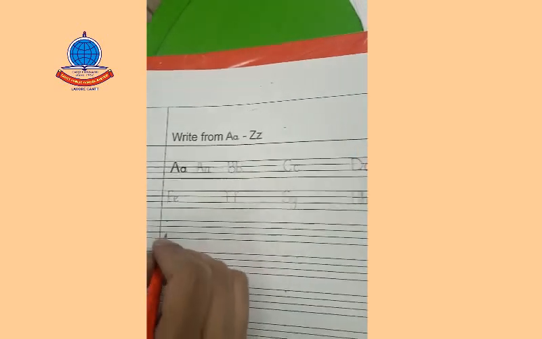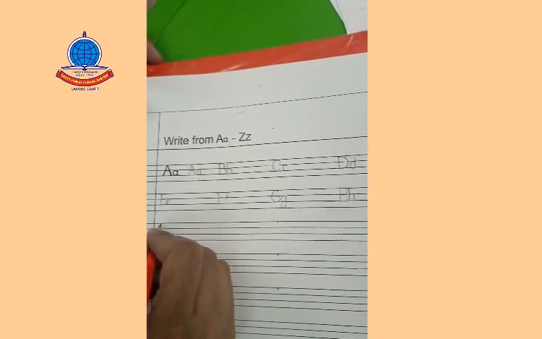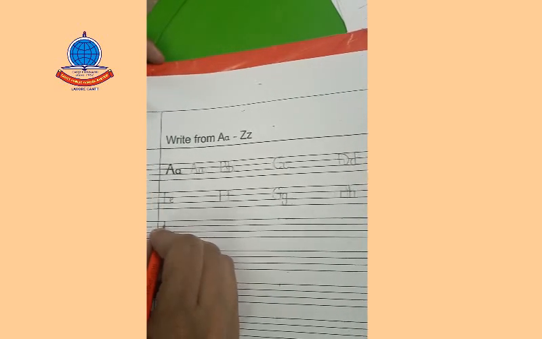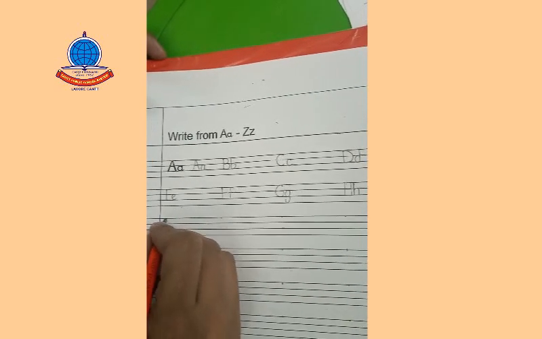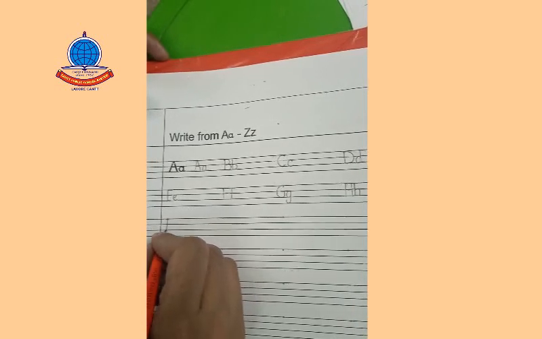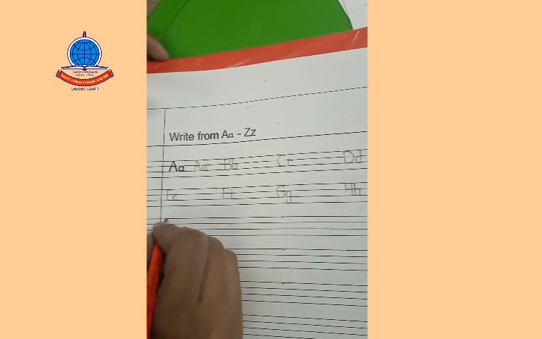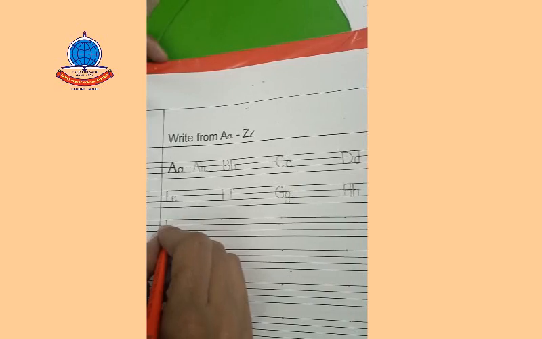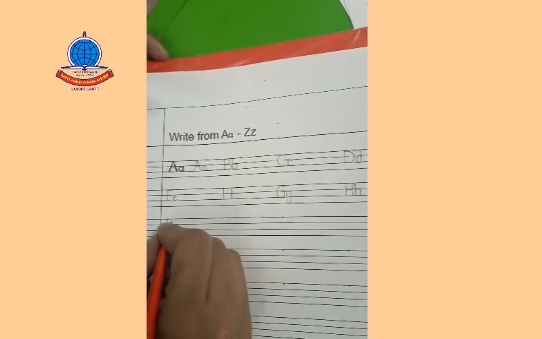In the next row, I, a straight line and then sleeping lines, very small, tiny. I, small i.